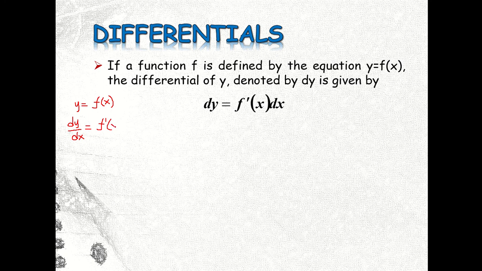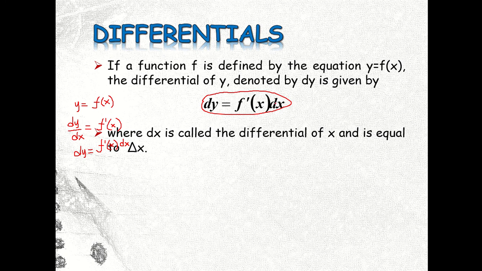Then multiplying both sides by dx, or cross multiplying dx to the right, we have dy equal to f prime of x times dx. So that is where that equation is coming from. It is just derived from this basic differentiation.